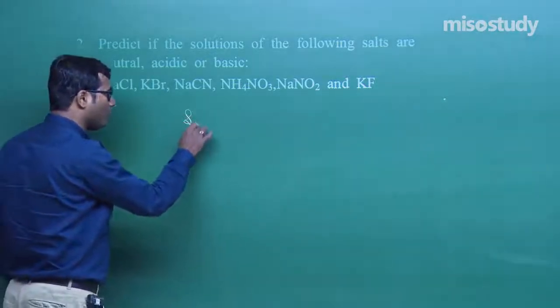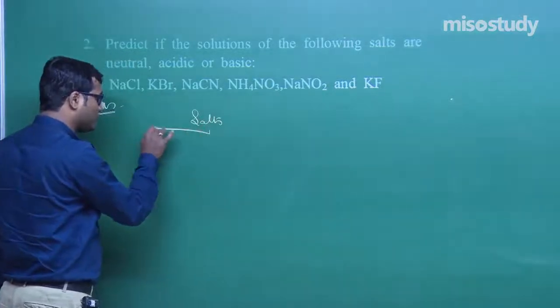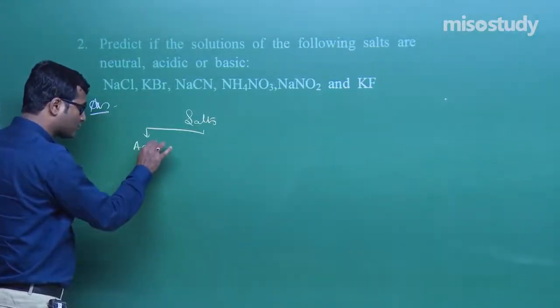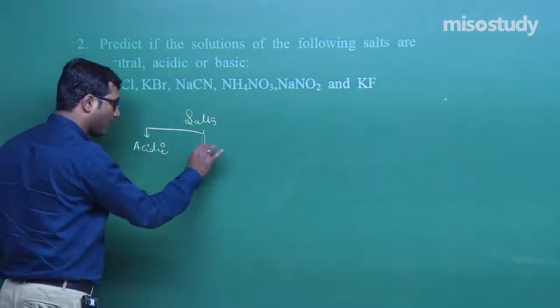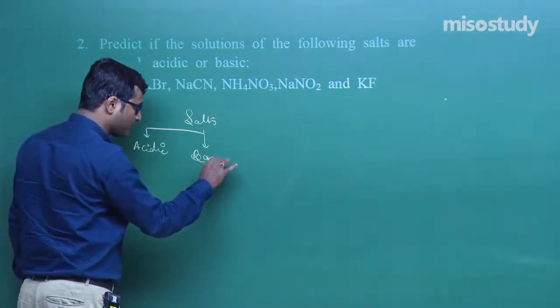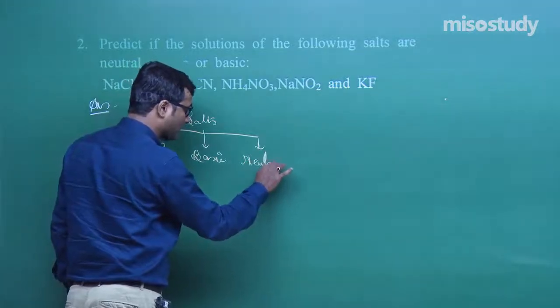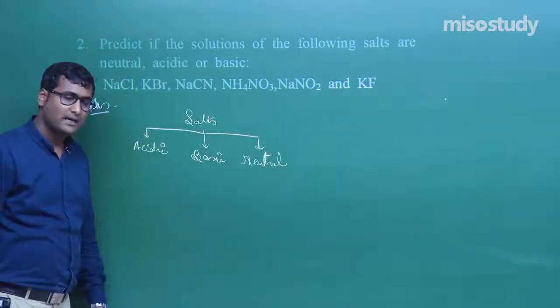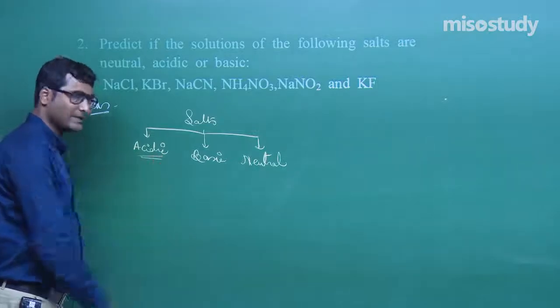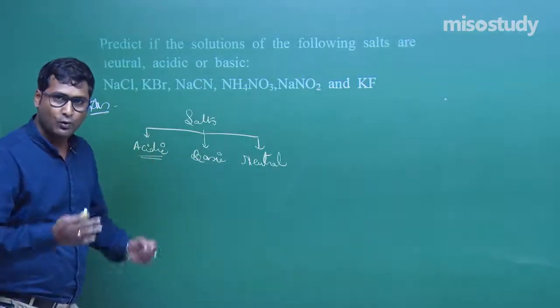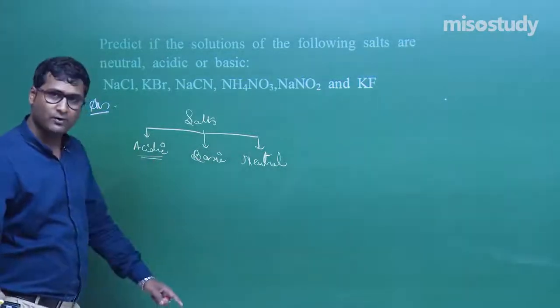As we all know, salts are of 3 types: acidic salt, basic salt, and neutral salt. Am I right? As we know, when acid and base combine, they form salt.